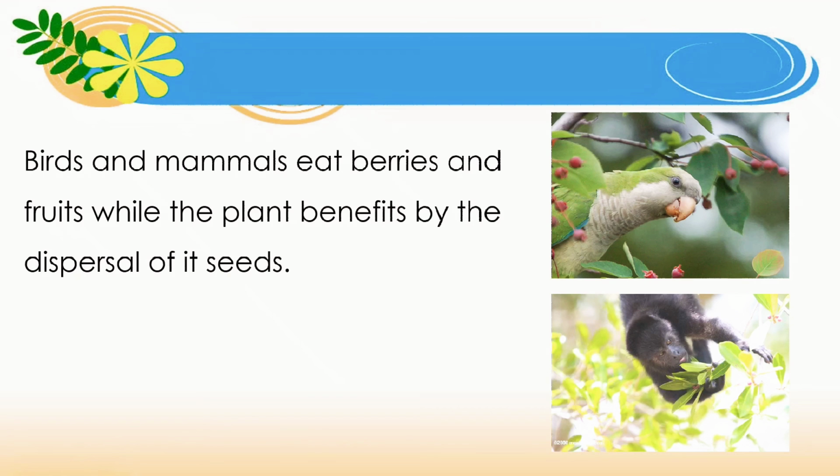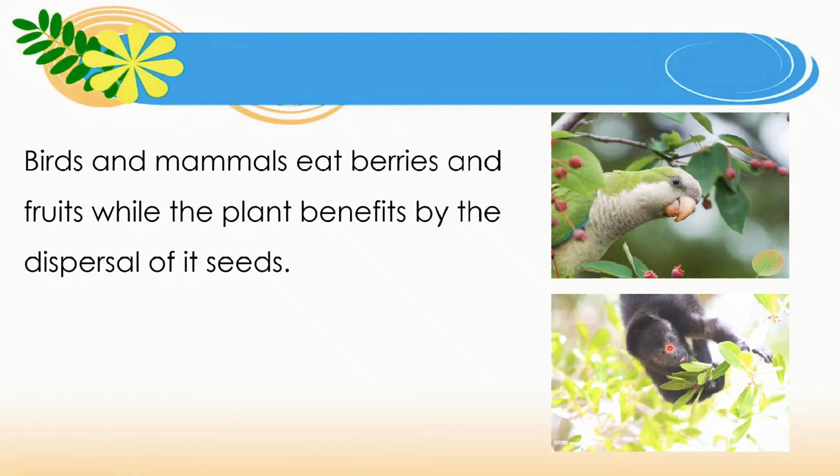Next we have the birds and the mammals that eat the berries and fruits, while the plants benefit by the dispersal of their seeds. So these birds and this monkey will get food from these trees, and also these trees can benefit from these animals.